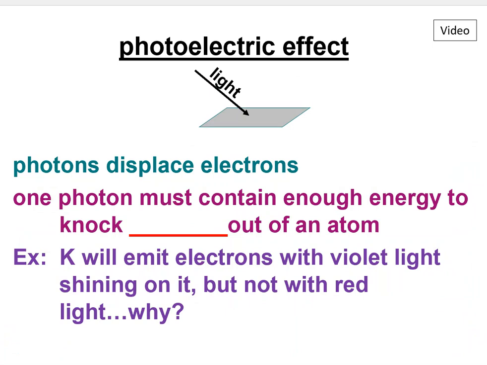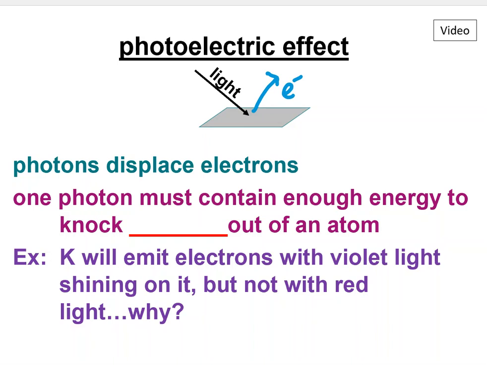This was studied by Einstein, and the idea that you have packets of energy explained the photoelectric effect. So what the photoelectric effect is, is that if you shine a light on metal, sometimes an electron is given off. And the electron can have specific energies.